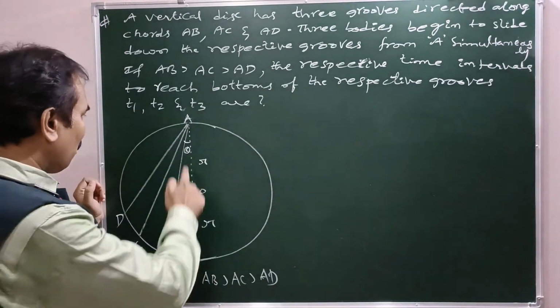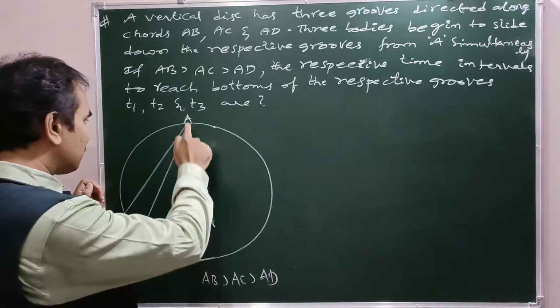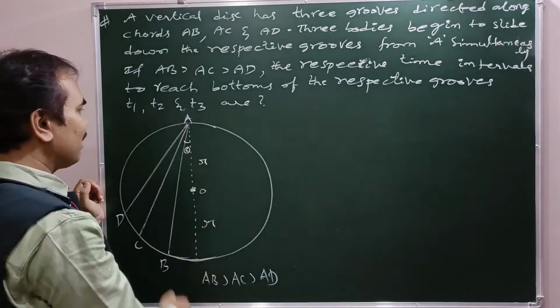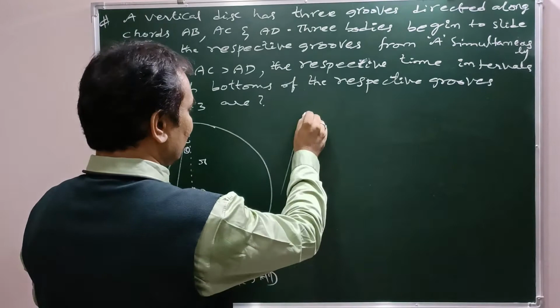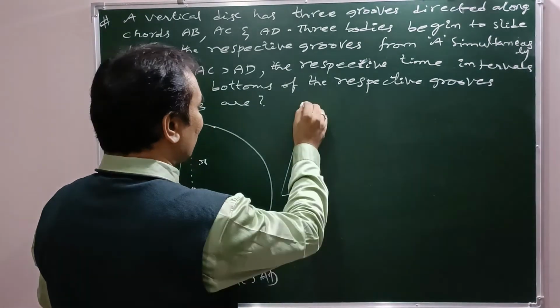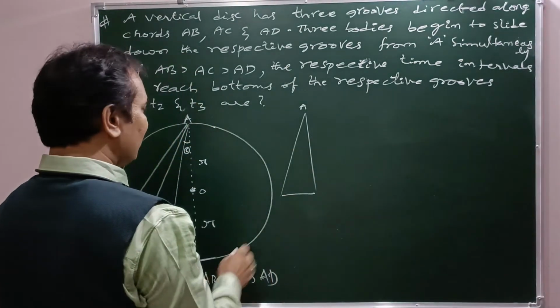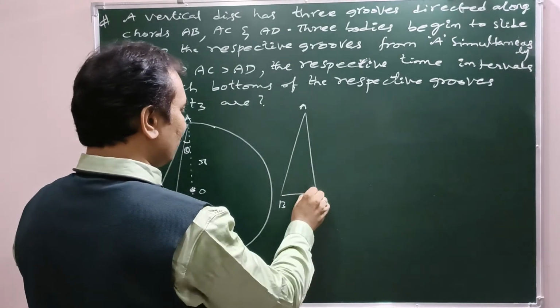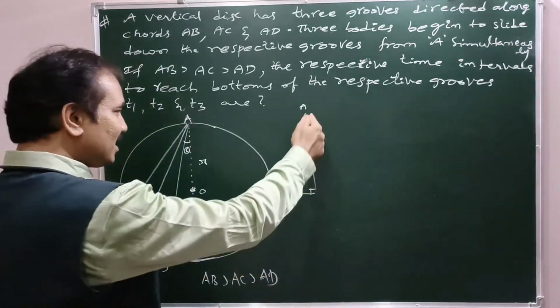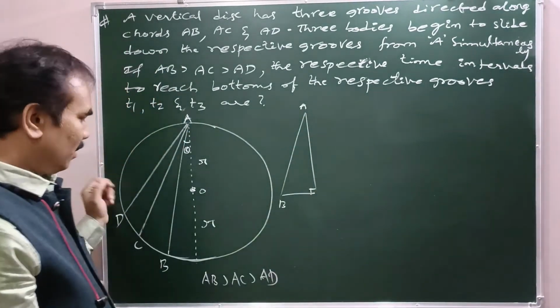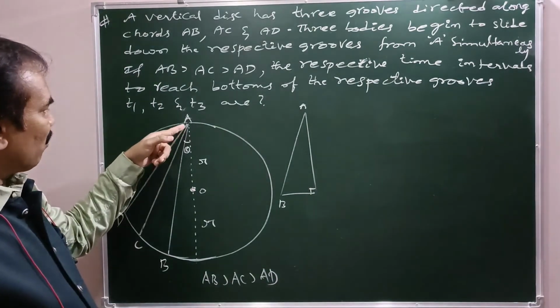Now I am highlighting this right angle triangle here. See, right angle triangle. Now this is A, this is B. Here it is 90 degrees. Now what is the vertical displacement covered by this ball while going from A to B?